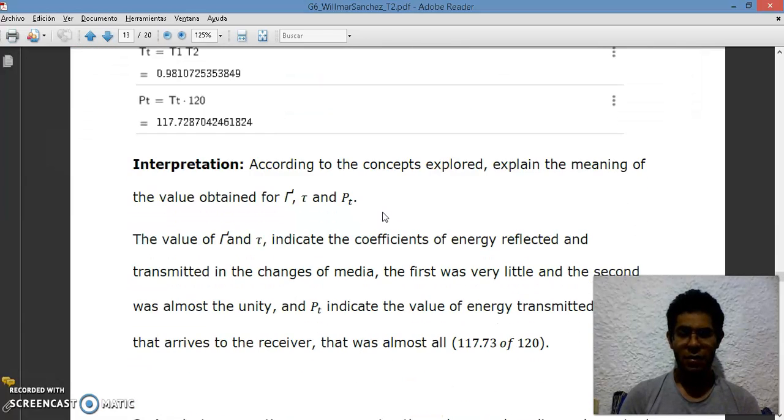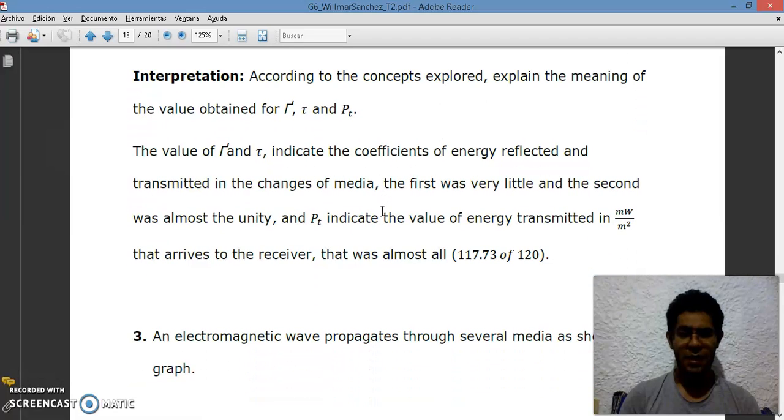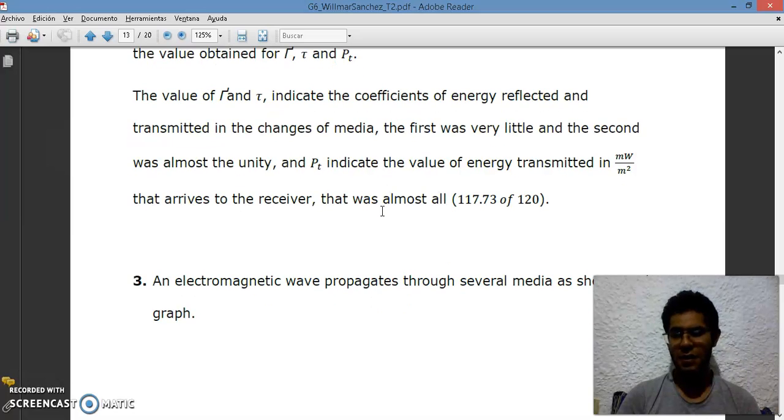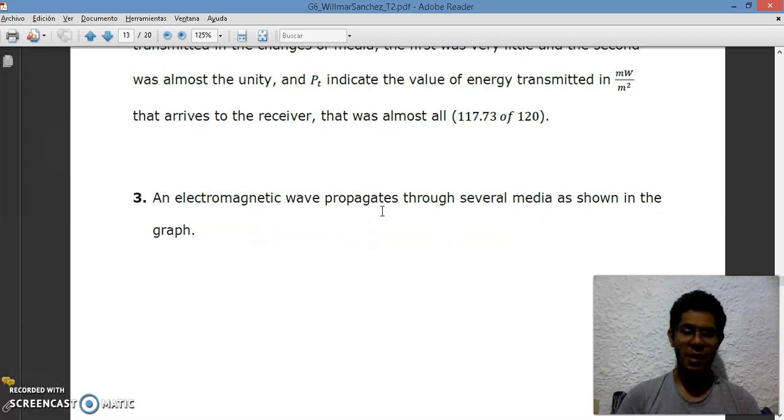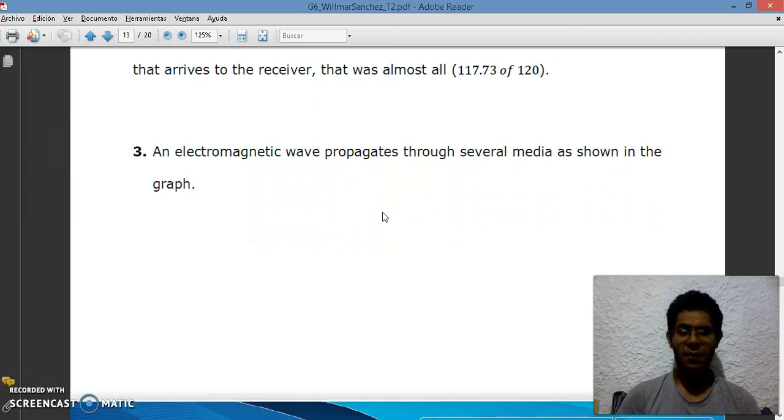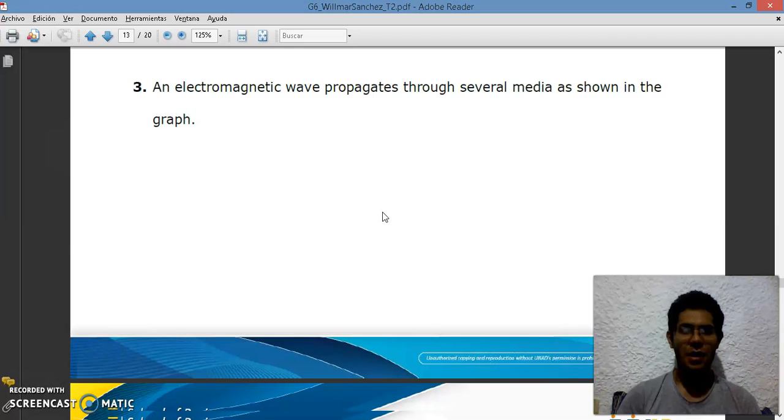According to the concepts explored, explain the value obtained. Okay, the coefficient indicates that a little part of the energy is reflected. Almost all the energy, 118.73 of 120, is received by the receiver.